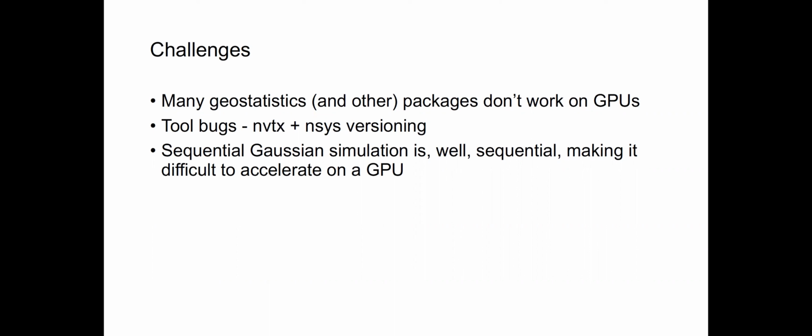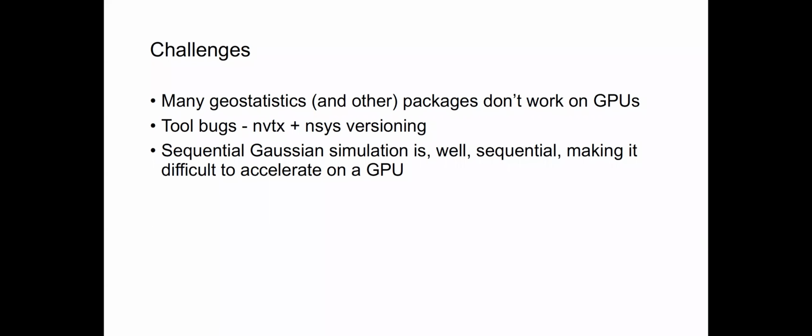We weren't able to get a final profile for our updated simulation algorithm, and I think it was because of some sort of versioning issue, also probably some user error, but that was also a challenge we were having. And then finally, because the simulation algorithm is sequential, there's kind of a ceiling to how fast we can make it, because the sequential algorithms are not very well suited for GPU computation.